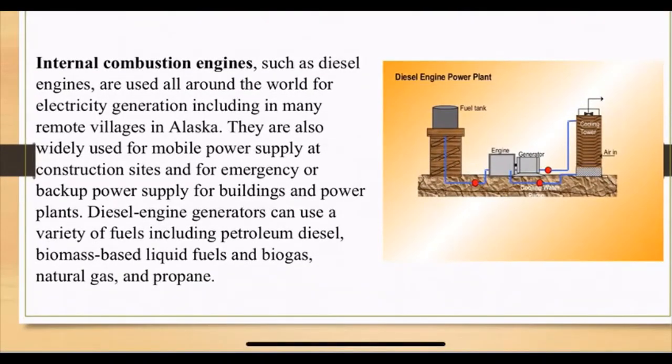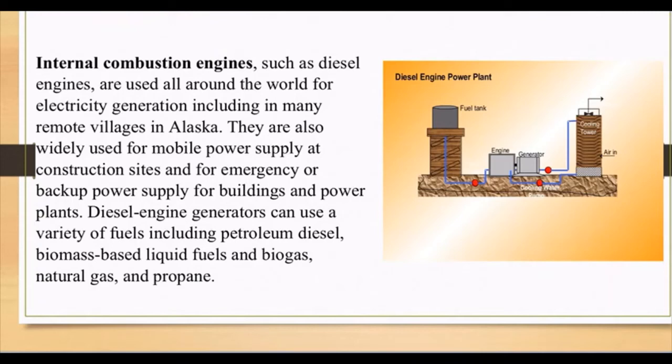Next, the second part that is commonly used in the world. Internal combustion engines such as diesel engines are also used around the world for electricity generation, including in many remote villages in Alaska.